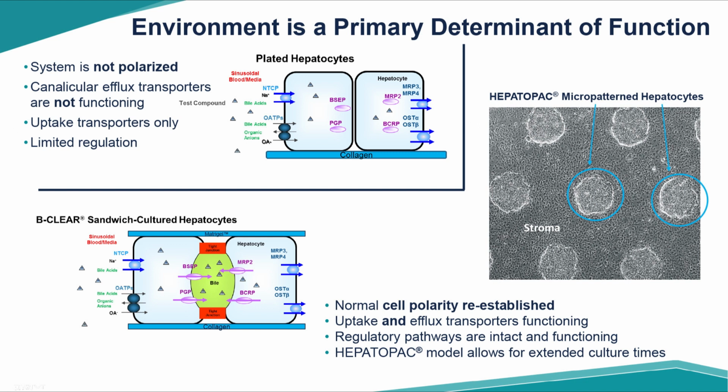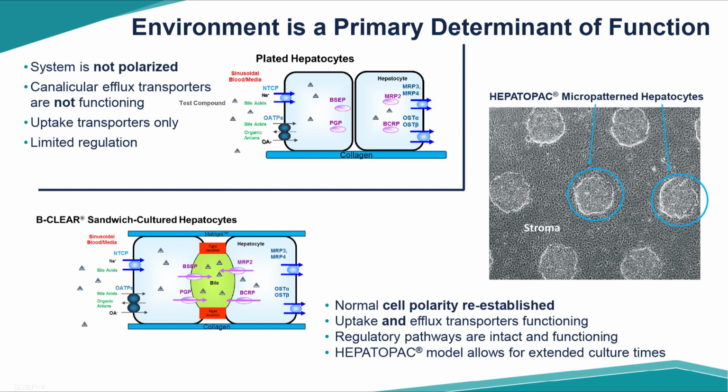functioning. So hepatocytes that are not polarized have good uptake, so things can get into the cell, but they can't get out, at least onto the canalicular domain. There are basolateral efflux transporters that are present, but all of the canalicular transporters are non-functional. And that's why we primarily use two different models. We use the sandwich cultured hepatocyte model and the Hepatopac micropatterned hepatocyte model.